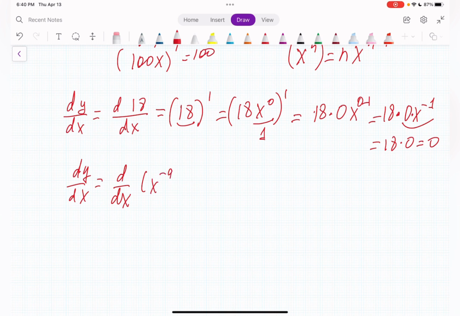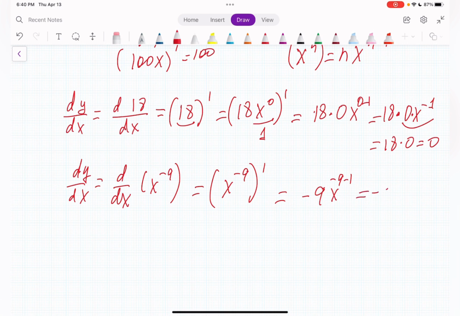So which is equal to x to the power negative 9 prime. So it's equal to negative 9 x to the power negative 9 minus 1, right? n x to the power n minus 1.